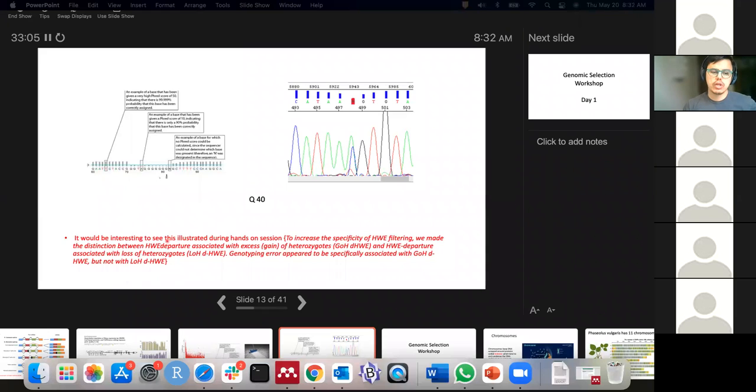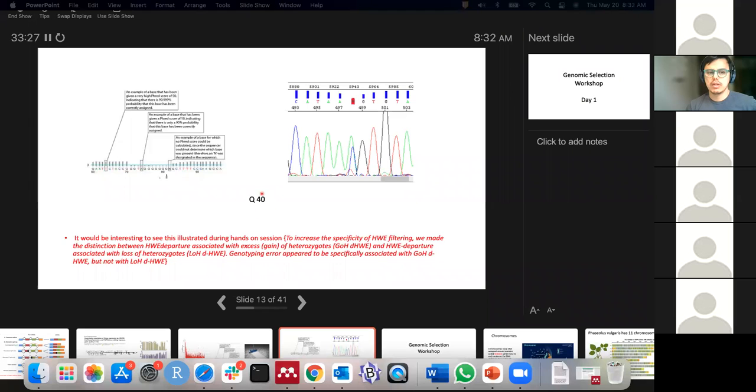And we are not going to talk about that in the hands-on session, Winnie. But what I want to share with you here, in this slide, is that we can try to control, to some degree, that genotyping error with the quality.